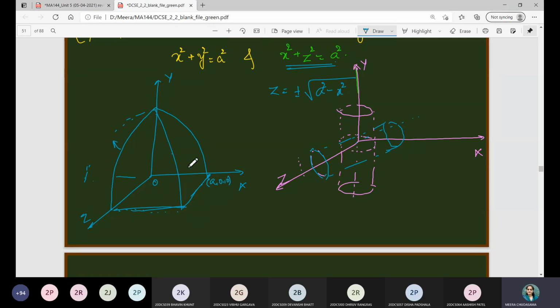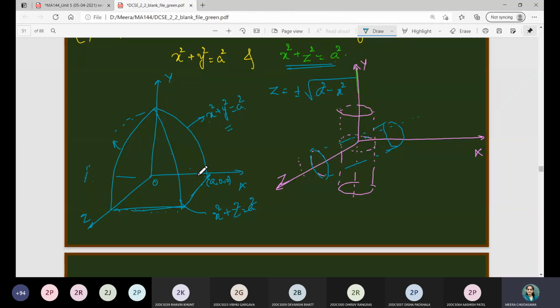When you consider the xy plane cylinder, so this is the xy plane. This border corresponds to x square plus y square is equal to a square cylinder. This corresponds to x square plus z square is equal to a square. So if I consider the entire structure now, the y variable will vary from minus square root to positive square root of a square minus x square, and the x limits we will consider as the constant one, which is from minus a to a.